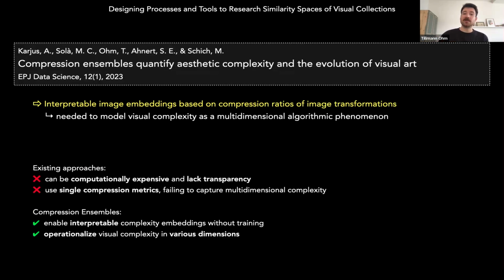Existing approaches are often computationally complex and expensive with ambiguous results, and they all reduce complexity to a single compression metric, which fails to capture its multiplicity. Compression ensembles offer a transparent and interpretable framework that does not require any training data, and they let us operationalize visual complexity in a multifaceted way with various dimensions.